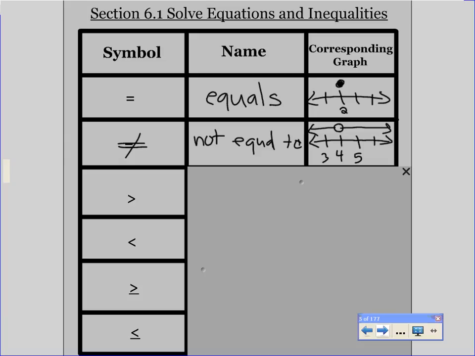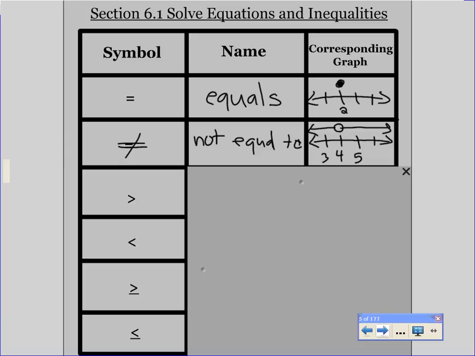All right, Jess, what's the next symbol? Good, greater than. Does anyone know what would that number line look like? If it's greater than. Okay, do you have an open or closed circle? If I said x is greater than 4. Nope. Anyone know why it's open? Why would it be an open circle?